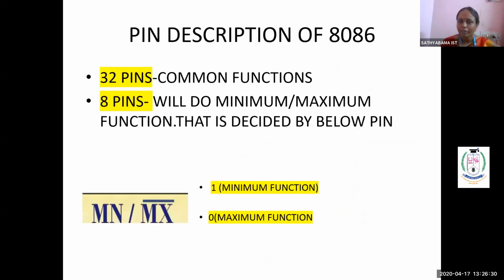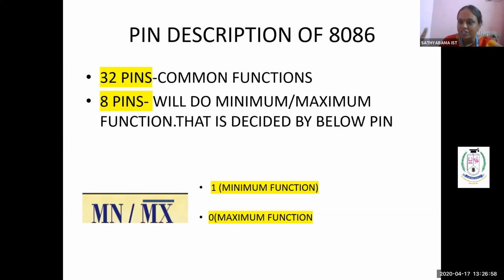Okay. So I told you, totally 40 pins are there. In the 40 pins, 32 pins are mainly for the common functions. They will do all the common functions. The 8 pins are mainly allocated for minimum or maximum mode functions. Depending upon MN/MX bar, this pin will decide the minimum or maximum mode, single processor or multi-processor.